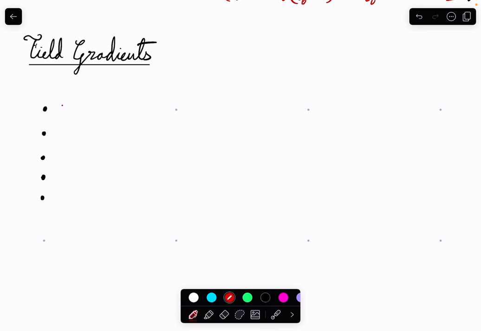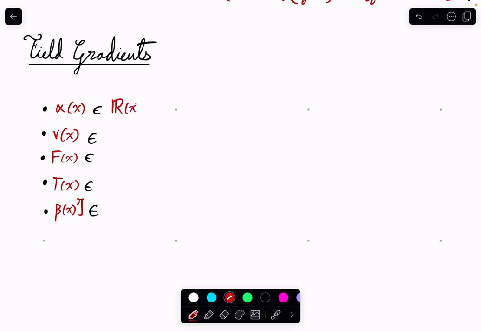The reason I write out 5 is because you can have a scalar field, then a vector field, then a bivector field, then a trivector field, and you can also have a pseudoscalar field like this. So these are all elements. For example, this one will be an element of R. This is STA.